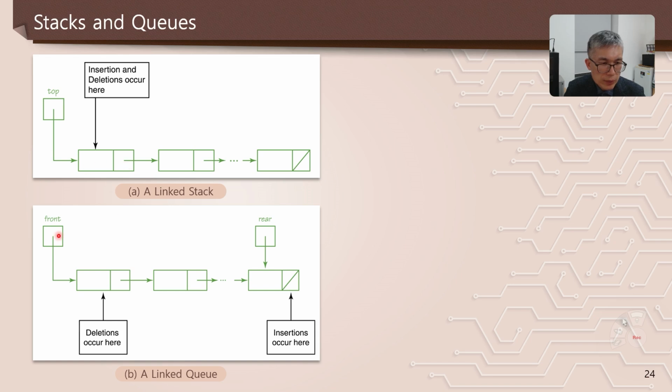Front is the oldest one, and near the rear we can add a new one. When we delete, the front node is deleted first. So that's why the queue is FIFO, first in, first out. And this one is LIFO, last in, first out.